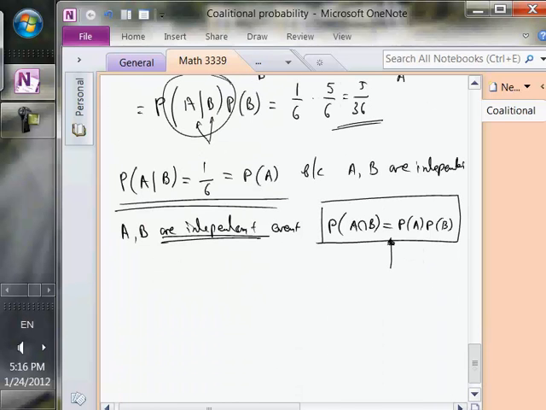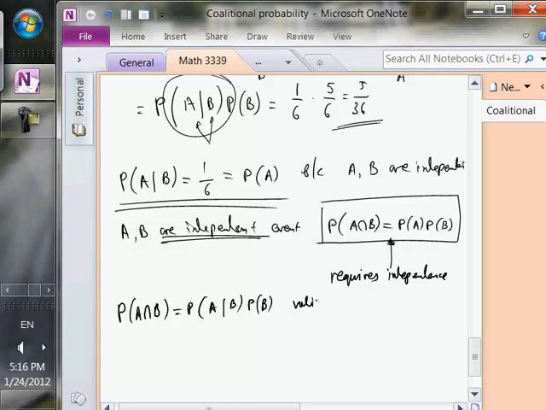So in summary, this requires independence. This is valid always. And that gives us conditional probability. Okay?